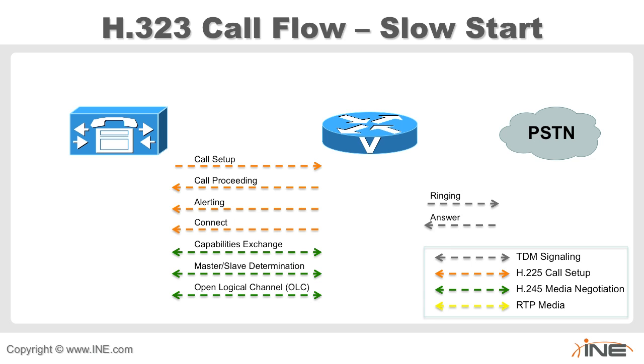Whoever becomes the master, if they can't necessarily agree on the parameters, then one side is going to determine what those will be, especially when it comes to the Open Logical Channel and the UDP RTP ports, RTCP. And then the RTP media ensues.